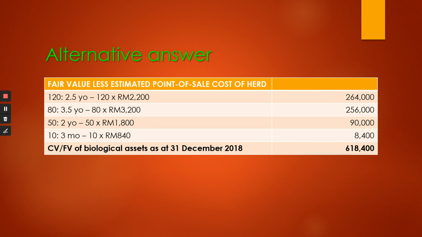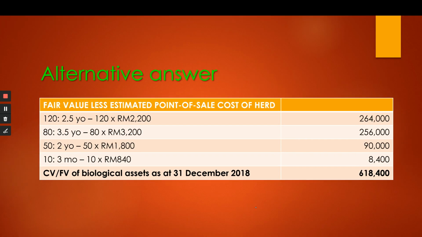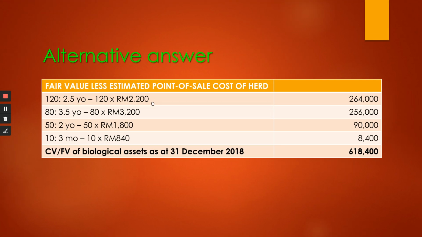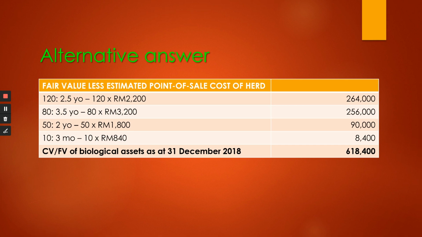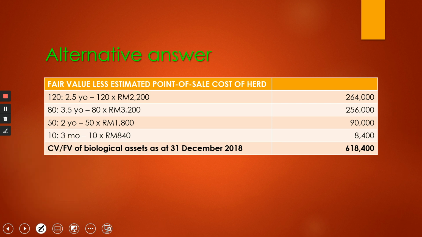Alternatively, this is the simple way of doing it, and I would suggest you do this. It is by taking all the prices as at 31st of December 2018, because you want to know the carrying value as at 31st of December 2018, and you take the price of the age group that is available as at that date.